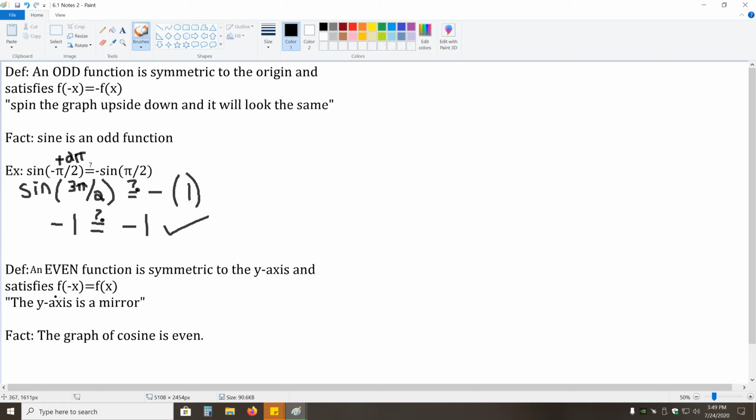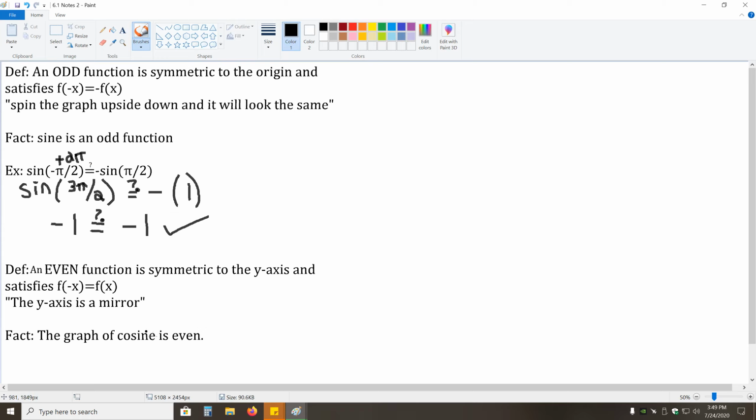When this is the case, we say that the y-axis is essentially a mirror. Whatever your graph looks like, if you fold it over on the y-axis, just as if you folded a piece of paper, everything will lay perfectly on top of the other side. The right side will lay on the left, and the left will lay on the right.